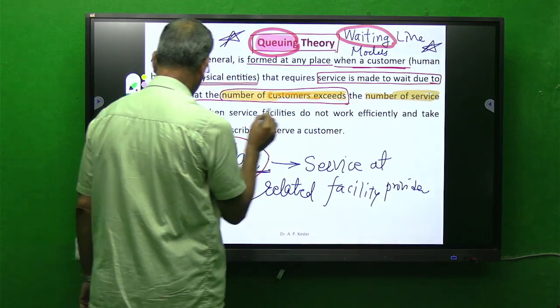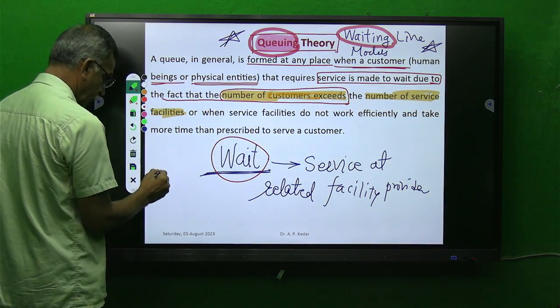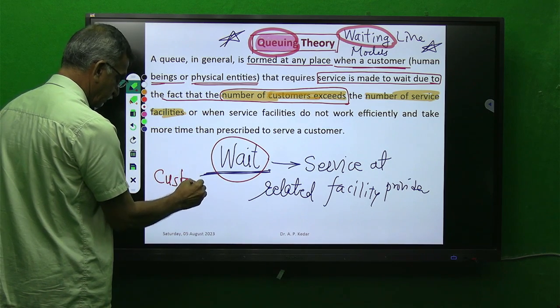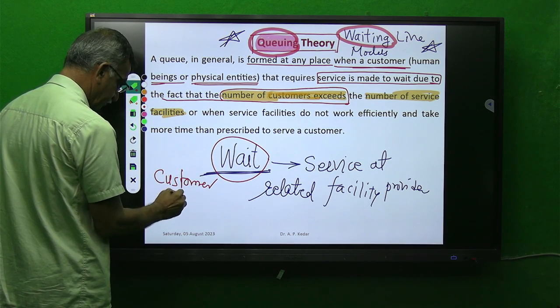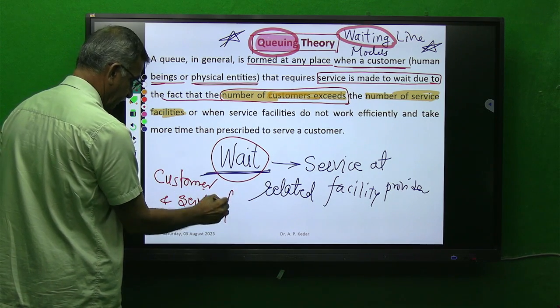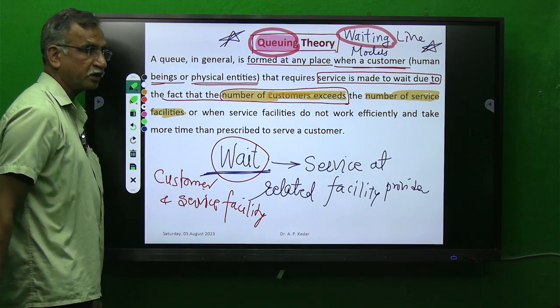So two things are very important as discussed in queuing: one is customer and the other is service facility. Customer and service facility.